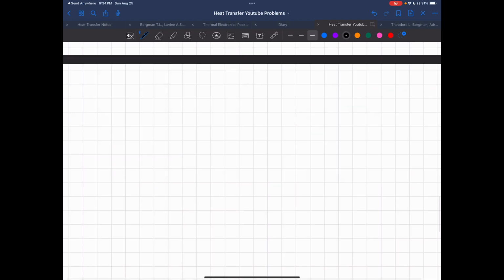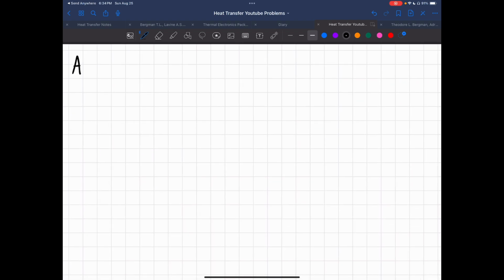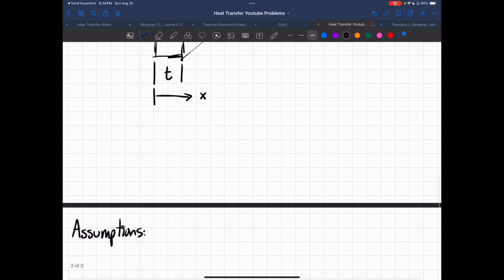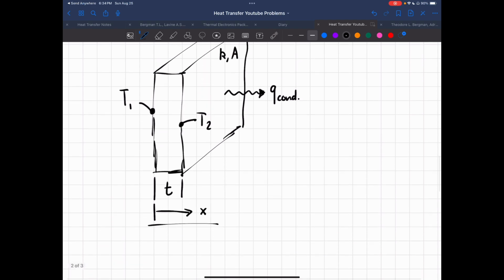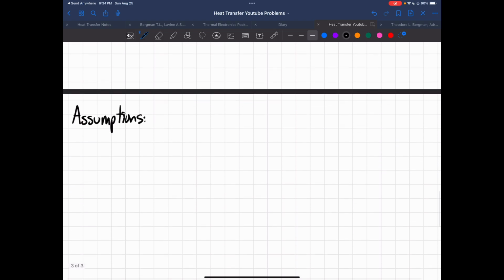So let's move on to our assumptions. What are our assumptions? Looking at our schematic, we have one hint right here in that we drew this x direction and we drew our heat transfer only going in this x direction. So that's going to tell us our first assumption is we have one-dimensional or 1D heat transfer. You could just say one-dimensional conduction if you wanted to be a little bit more precise, in the x direction.